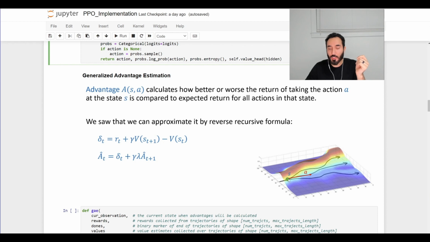The advantage is a rough estimate of the expected future reward of taking action A compared to other trajectories that we might take. Essentially, it says how much better or worse a particular action is compared to other actions. Remember that we went over the approximation of this quantity and came up with a reverse recursive formula that we have over here. If you don't remember that, I recommend that you go back and take a look at that part of the lecture.